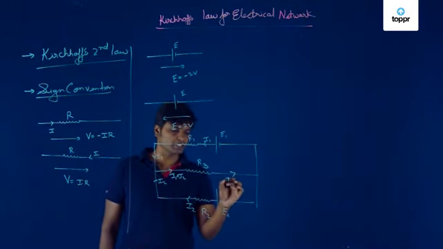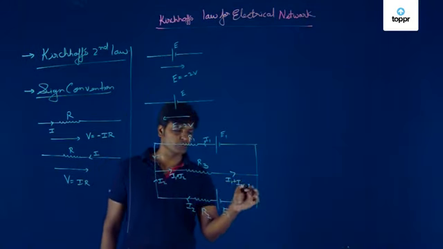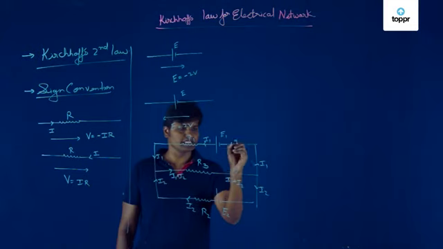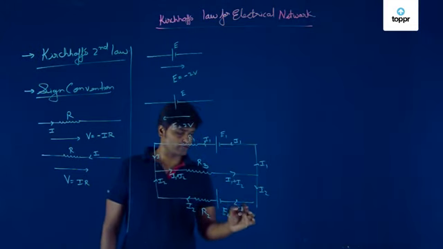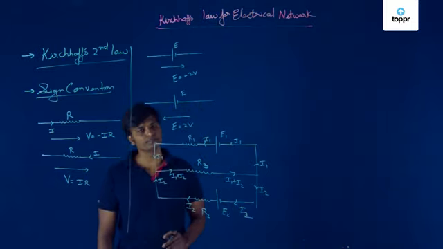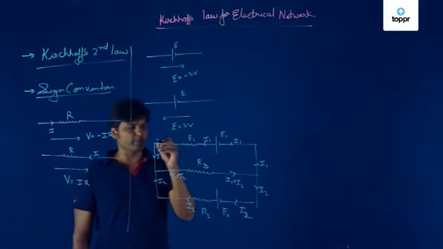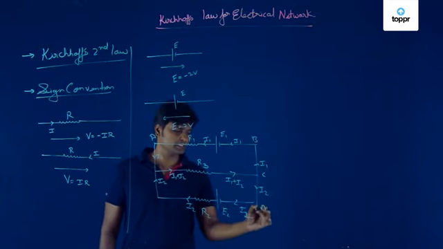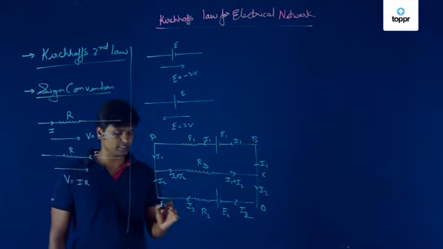Across this resistor, the same current I1 plus I2 will move and again the current will be distributed as I1 and I2. So, I1 will go inside one battery and I2 will go inside the other battery. Now, I am naming the points A, B, C, D, E, F.